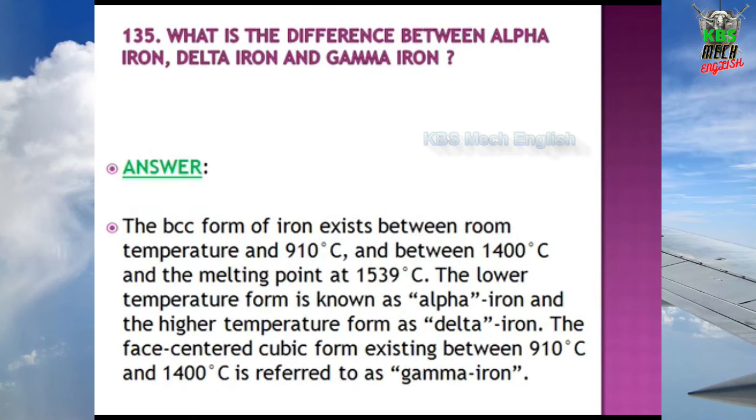The lower temperature form is known as alpha iron and the higher temperature form as delta iron. The face-centered cubic form of iron, existing between 910 degrees Celsius and 1400 degrees Celsius, is referred to as gamma iron.